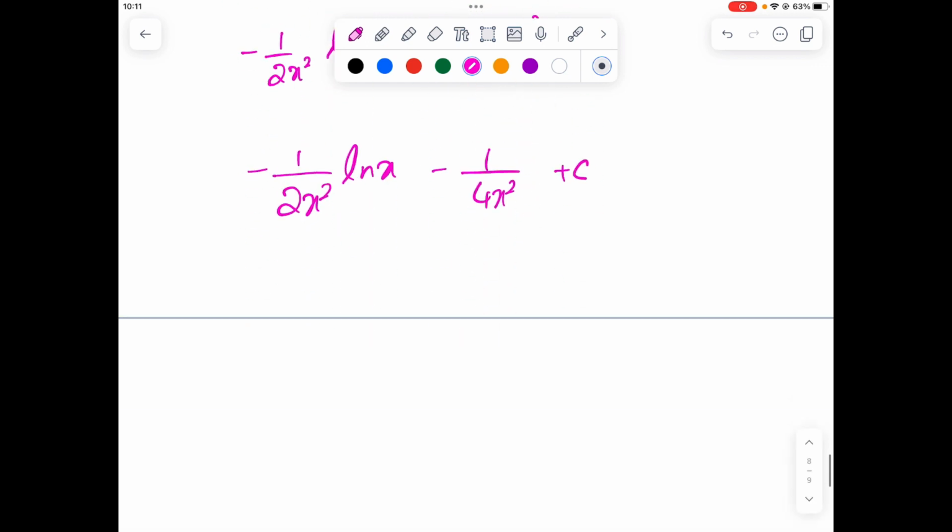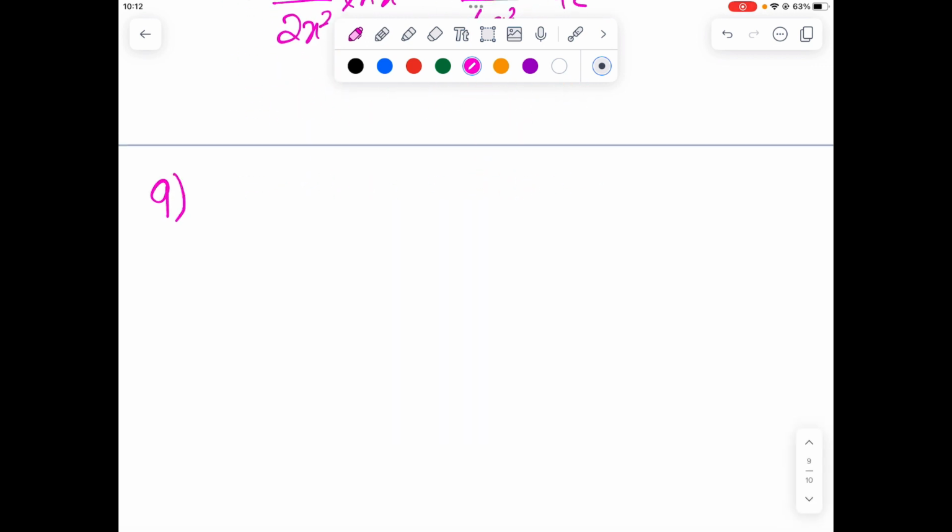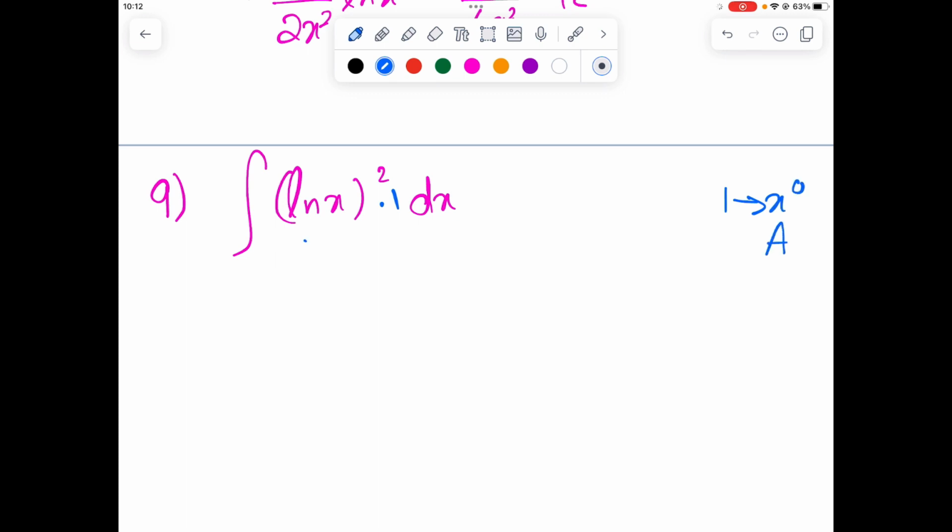Now coming to question number 9: integral of ln x whole square dx. Again, I have only one function. When I have only one function, what am I going to write? Into 1 times 1. 1 can be written as x power 0, which is algebraic. So logarithmic is first, algebraic is second.